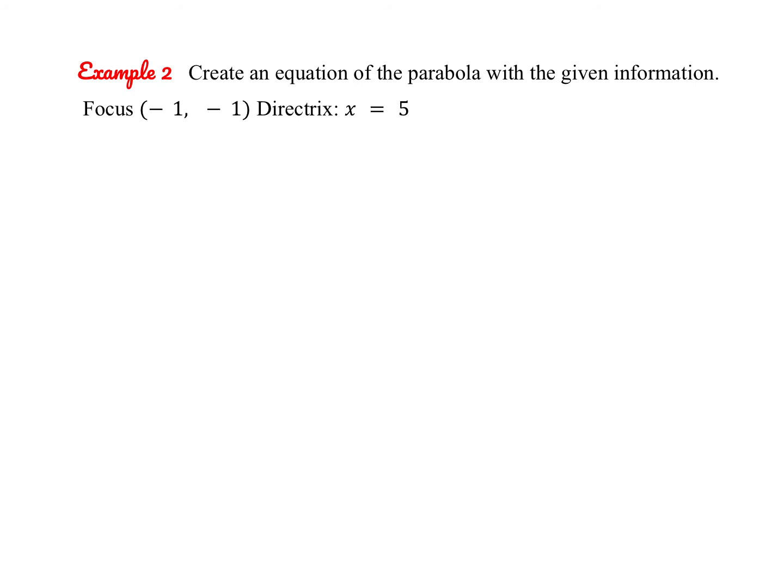So here we have a focus at -1, -1, and a directrix at x equals 5. Again, I'm just going to do a really, really rough sketch. If this is my focus and this is my directrix, I know that the vertex must be exactly halfway in between my focus and directrix.